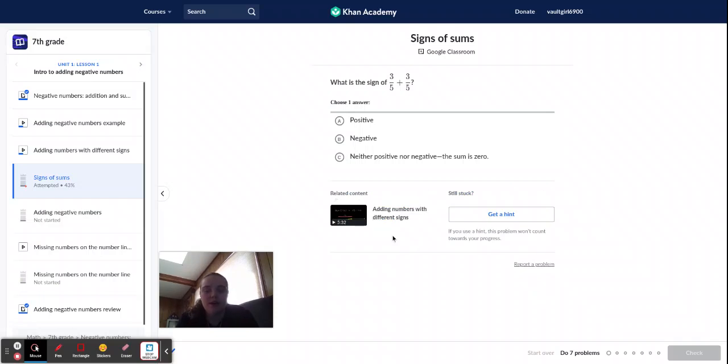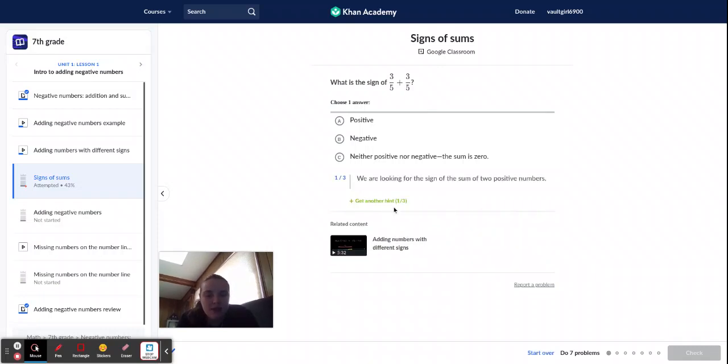Now the articles and the videos will show up under the related content section. Now right here it's providing us with a video, adding numbers with different signs, so we could use that as a reference for solving this problem. It's a related problem, and the narrator will walk us through it and show us how to do the problem. Or we could use a hint.